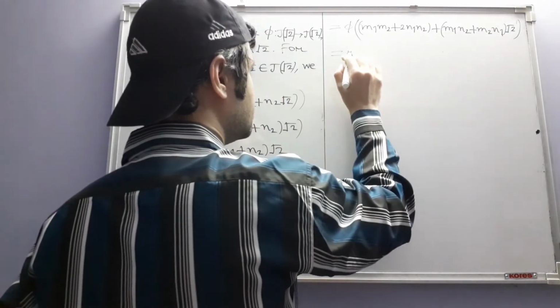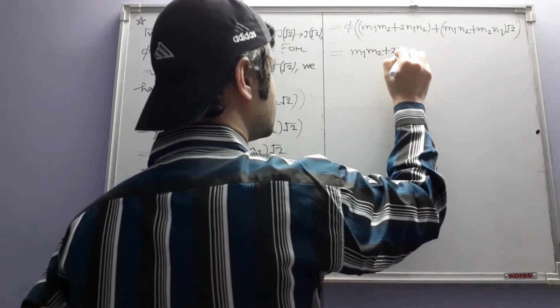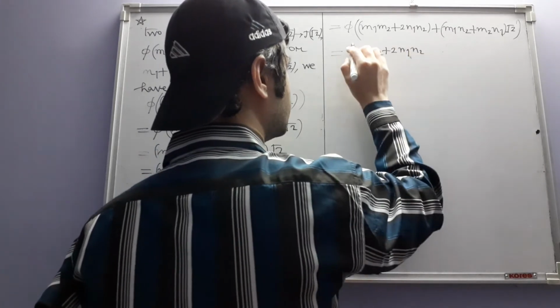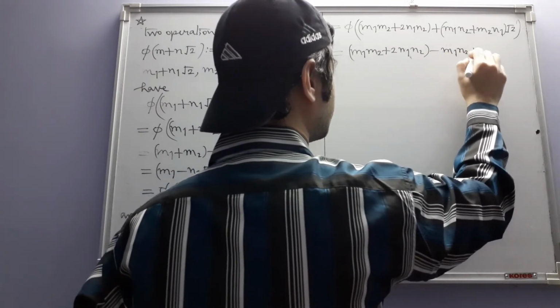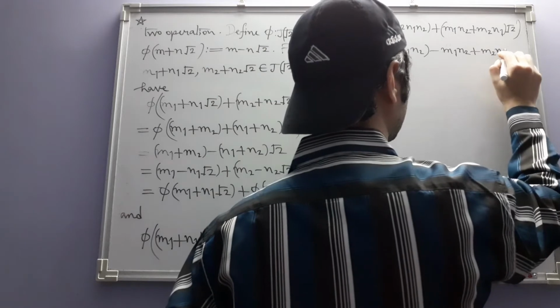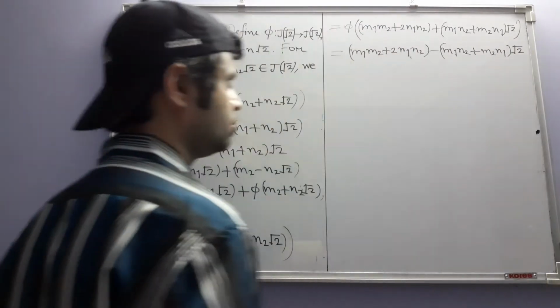So that means the image will be this: m1 m2 plus 2 n1 n2 minus (m1 n2 plus m2 n1) root 2.